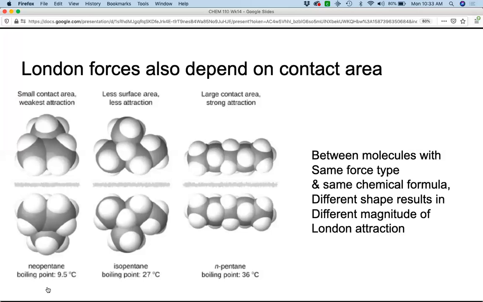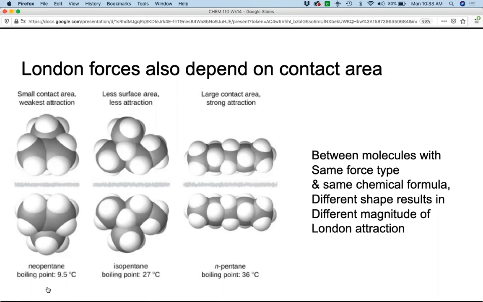And so the difference in my shape is what's going to determine the difference or the significance of my London or my dispersion forces. And I can see that because of the difference in boiling point. So neopentane has a boiling point of 9.5 degrees Celsius, whereas isopentane has a boiling point of 27 degrees Celsius.